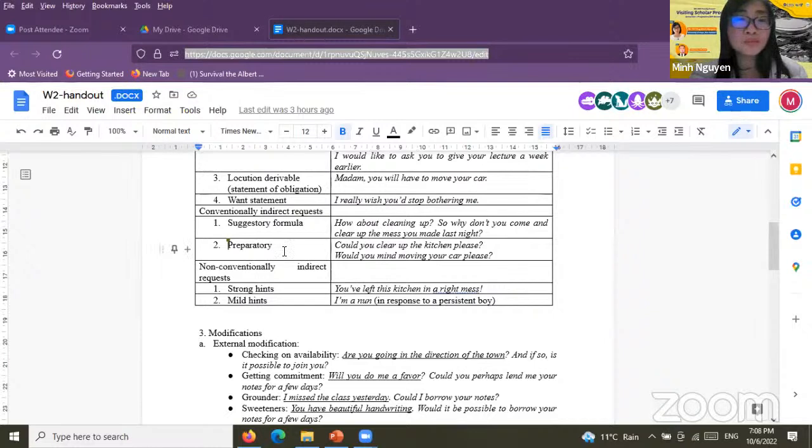Okay, preparatory are just questions asking about the hearer's willingness to perform the requested act, or asking about the hearer's ability, okay, to perform the requested act. Okay, so they are questions like, can you clear up the kitchen, please? Could you clear up the kitchen, please? Would you mind moving your car, please? I was wondering if you could write me a letter of recommendation.